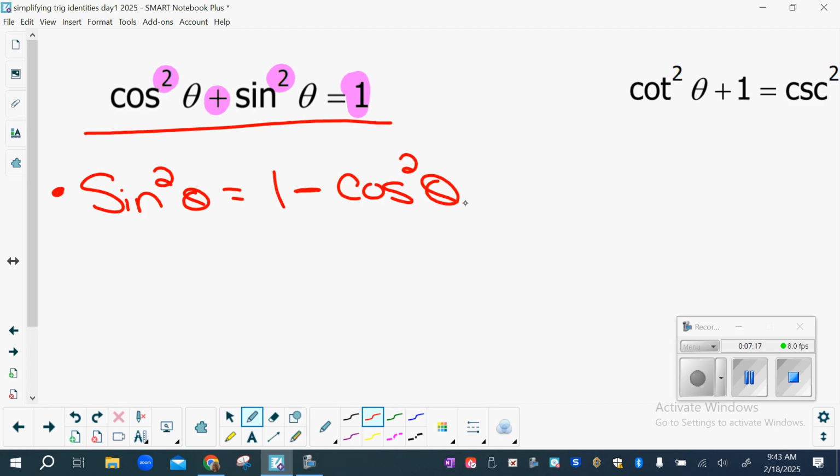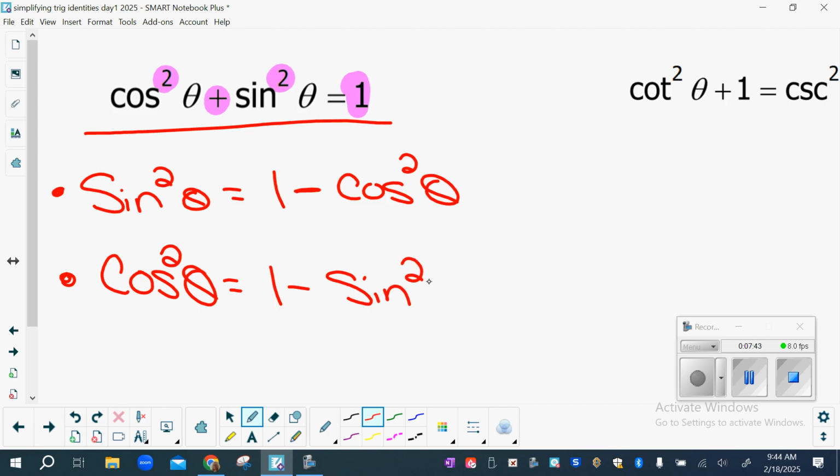So if I see a cosine squared and a 1, I'm going to think to myself, hey, I'm going to go back to my magic note sheet. That might be something useful for me. It also works like this. Cosine squared theta equals 1 minus sine squared theta.